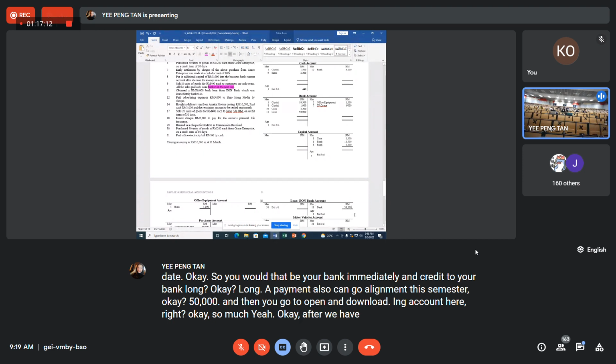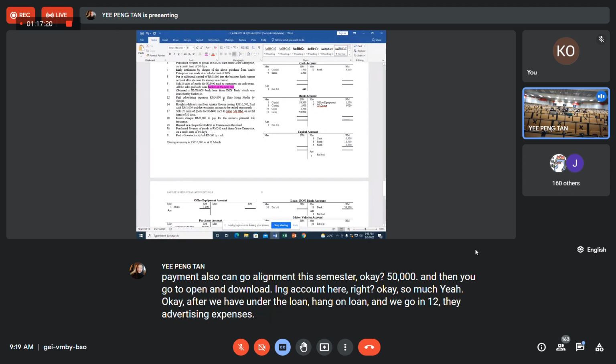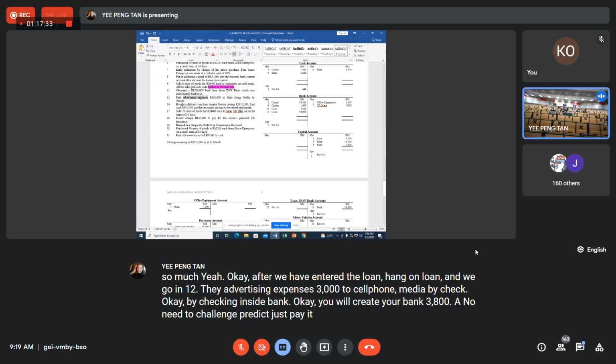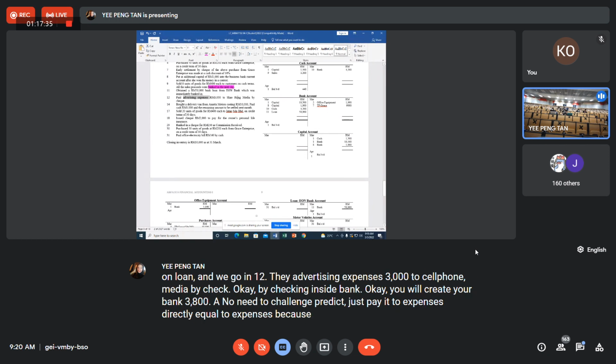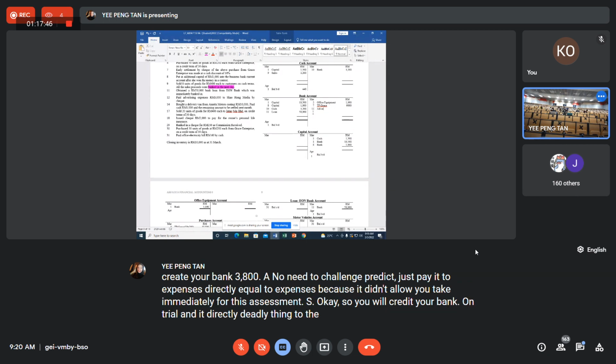After we have entered the Aeon loan, we go to 12: pay advertising expenses 3,000 to Sao Hong Media by check. By check means by bank. You will credit your bank 3,000 and debit the advertising expenses directly, because you didn't owe Sao Hong. You pay immediately for these expenses.